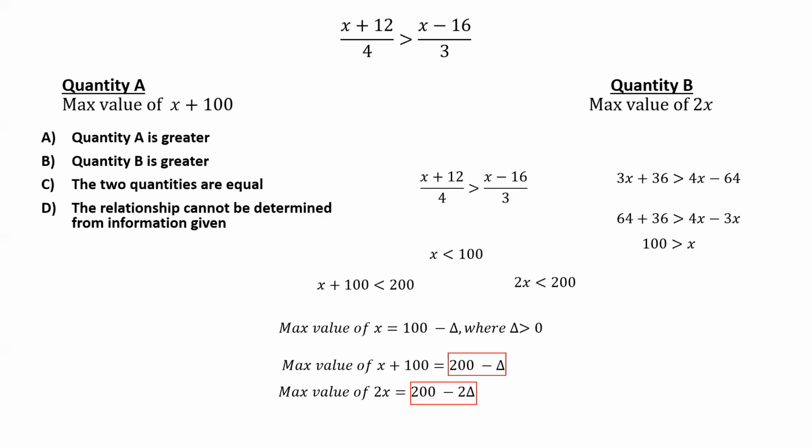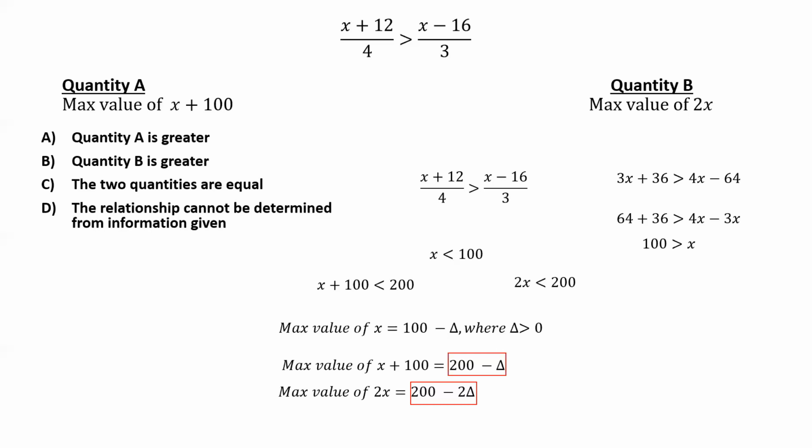So from this, it's pretty clear that the max value of x plus 100 is going to be greater, because for the max value of 2x you're subtracting 2 times a positive quantity delta from 200, whereas for the maximum value of x plus 100, you are subtracting just the quantity delta from 200.